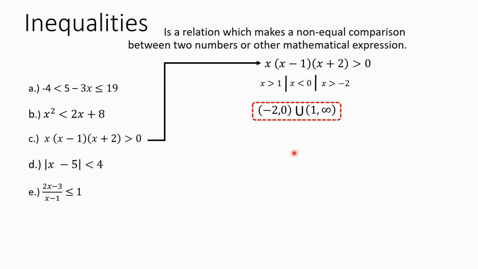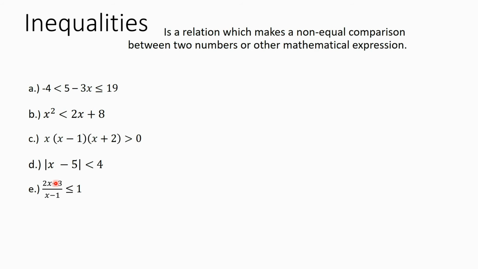Okay, so again we have another example, which is letter D. We have an absolute value. Here, absolute value of x minus 5 is less than 4. So how can we tackle this kind of problem?